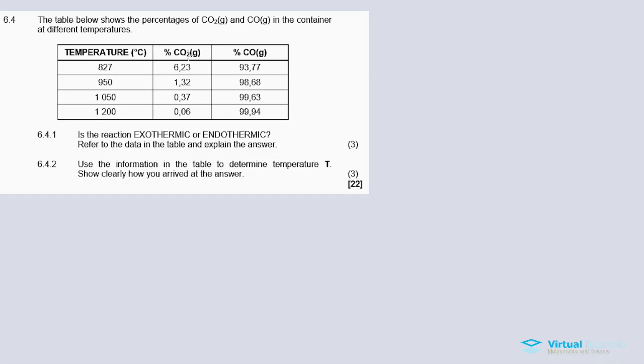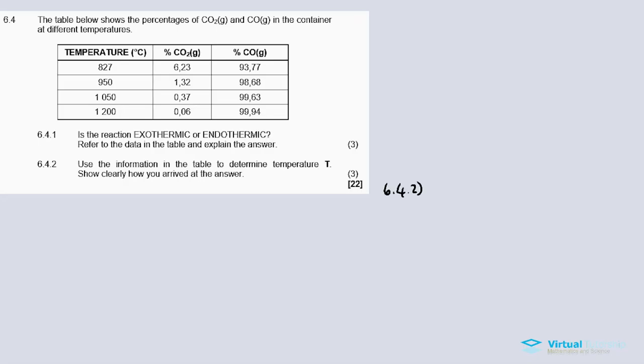If the percentage for carbon dioxide is 0.06, the answer gives about 1200. So we calculate a percentage either for carbon monoxide or carbon dioxide at equilibrium.